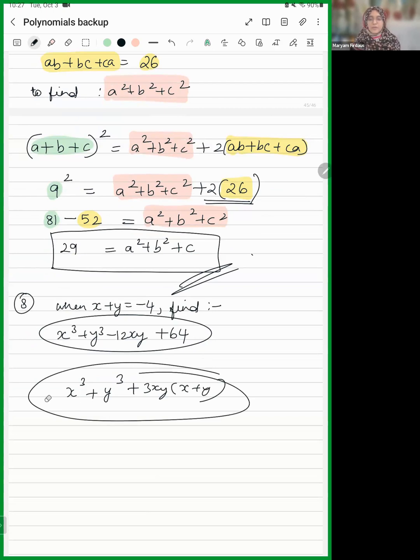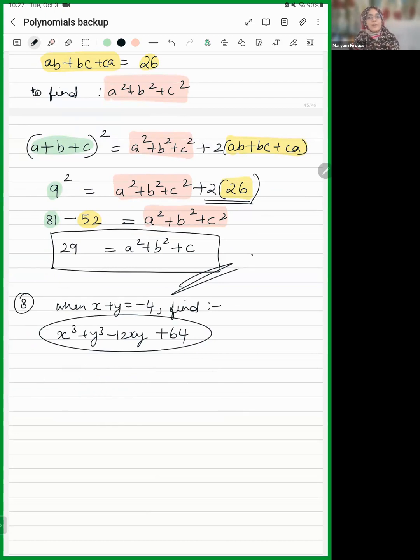So this cannot be x plus y whole cube. And obviously it can't be x minus y whole cube either, because if it was minus y, then there would have been x cube minus y cube. The problem is that we have a plus sign over here and a minus sign over here. There is another problem. When you have it written out like this, it becomes x cube plus y cube plus 3x square y plus 3x y square.